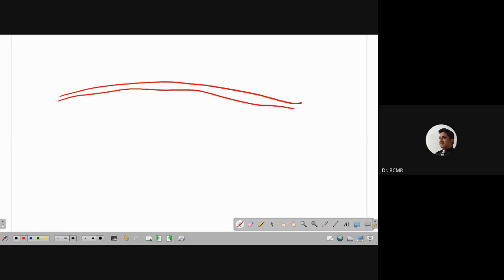Assume it is a chromosome. I'm writing two strands. Maybe I will erase that and say one strand. And I'm putting different types of genes around. Okay, so I've drawn some genes. I will name them also: gene A, B, C, D, E, and F.